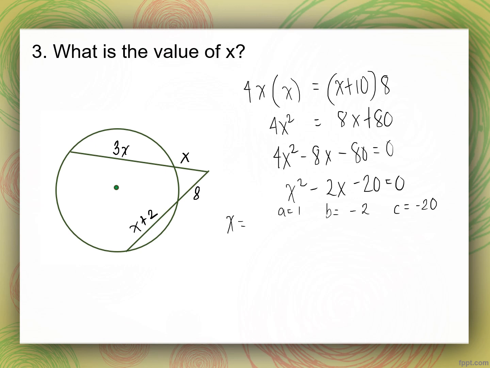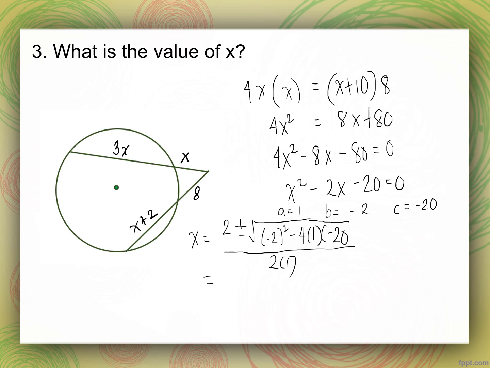Okay, so let's solve. x is equal to -b, so that would be 2, plus and minus the square root of b squared, so that would be -2 squared, minus 4, our a is 1 and our c is -20, divided by 2a, or 2 times 1.